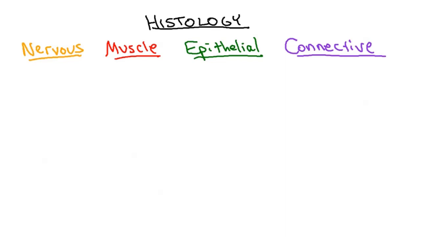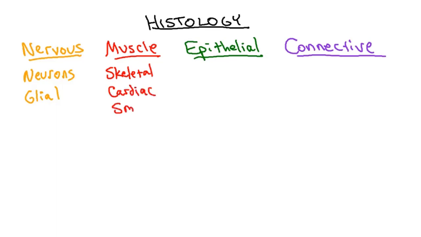So just to recap real quick, the nervous tissue has two types of cells, the neurons and the glial cells. The muscle tissue has three types, the skeletal, the cardiac, and smooth. Epithelial is classified by both its layers and shape.